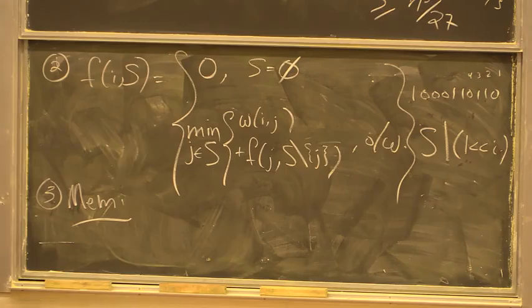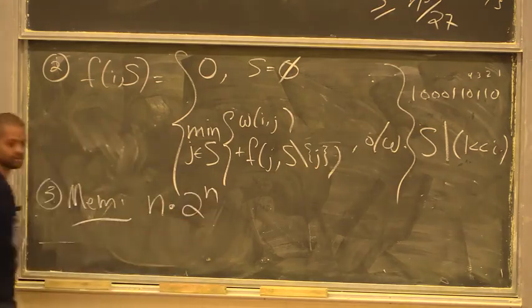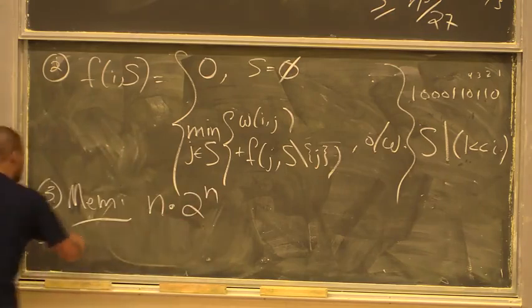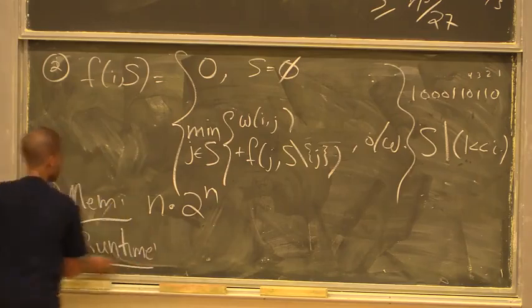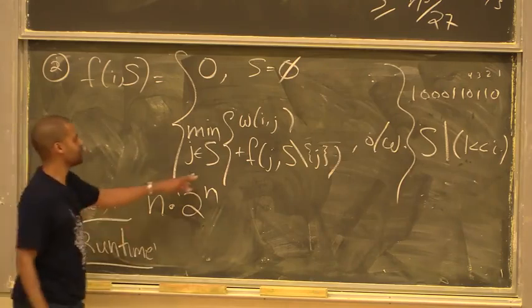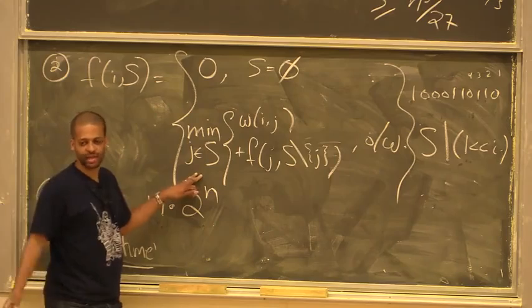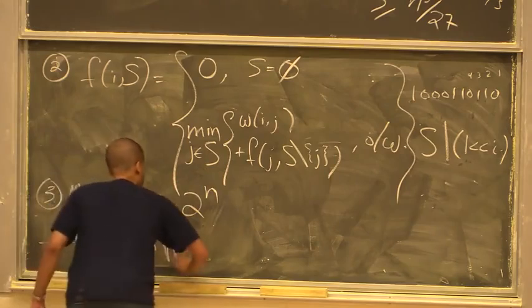But basically, it's roughly n times 2 to the n. And then the runtime: for each of these possible inputs, I need to loop over all j, which is a loop over at most n things. So this is something like n squared times 2 to the n.